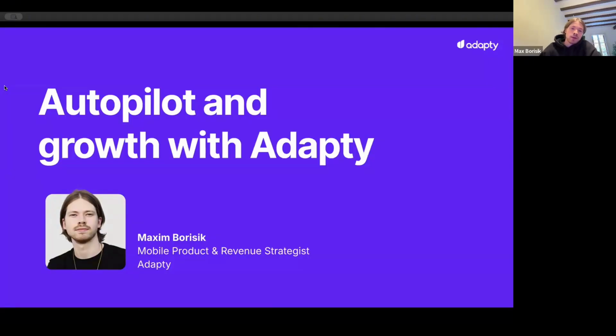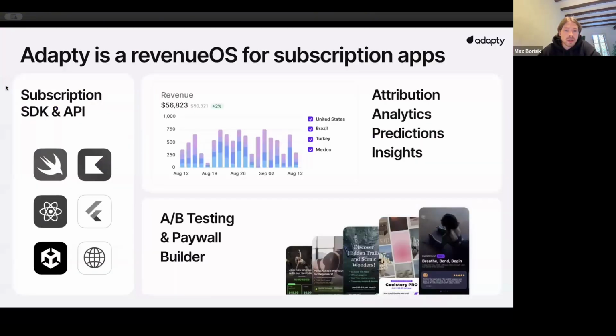But in the beginning, I want to give a little explanation for those who don't know or forgot, or just a little reminder of what Adapty actually does. Adapty right now, I think, is not only a subscription management platform, but something more. We now do everything starting from the base things like subscription and management of it, and going to analytics, to predictions, to attribution things, to the Apple Search Ads things, and also all the mechanics that help you make the experiments faster.